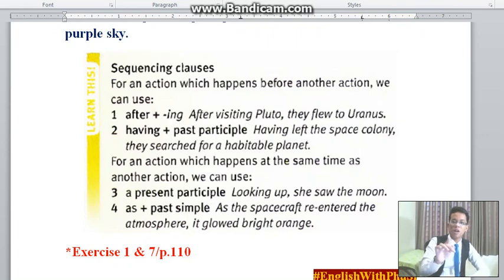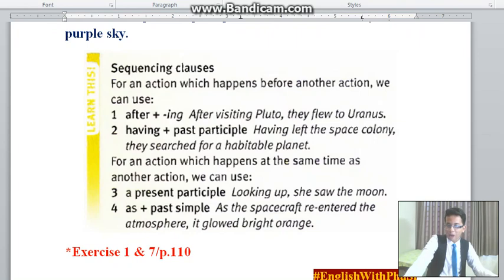I remember this from a grammar point that we learned before, so you can go back a couple of lessons about grammar, where I talked about some of these phrases. So for an action happening before another action, use after plus verb ing or having plus past participle, like the sentences in the learner's box.